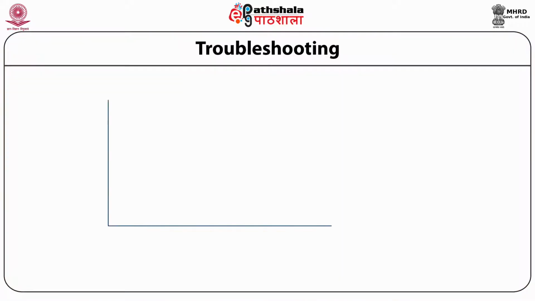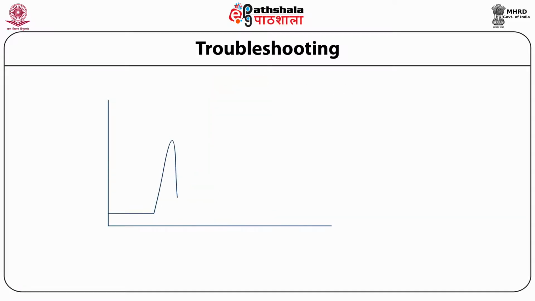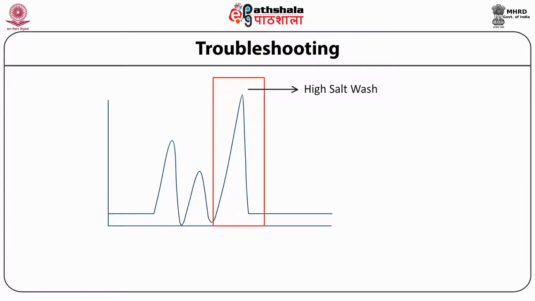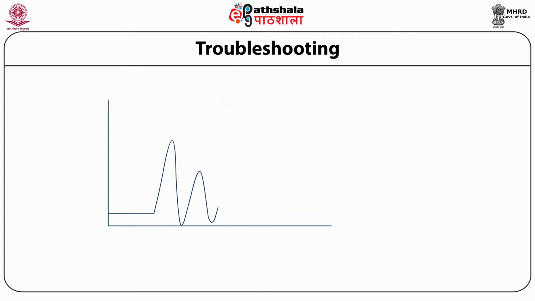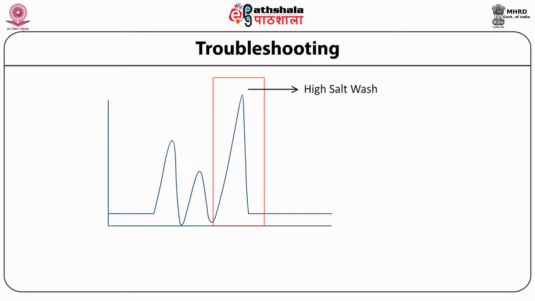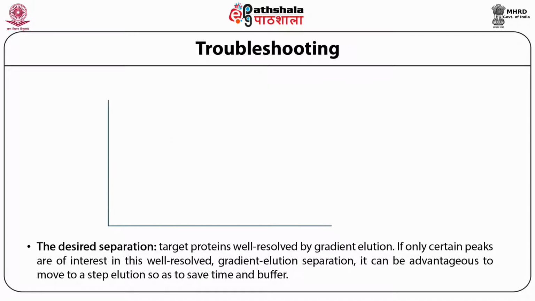Now that we know the importance of method development, validation, and quantification, it is crucial to know what problems one might face during ion exchange chromatography and how to go about solving them. Now, one very important problem that may arise is that the desired separation is not achieved. Now, what does that mean?